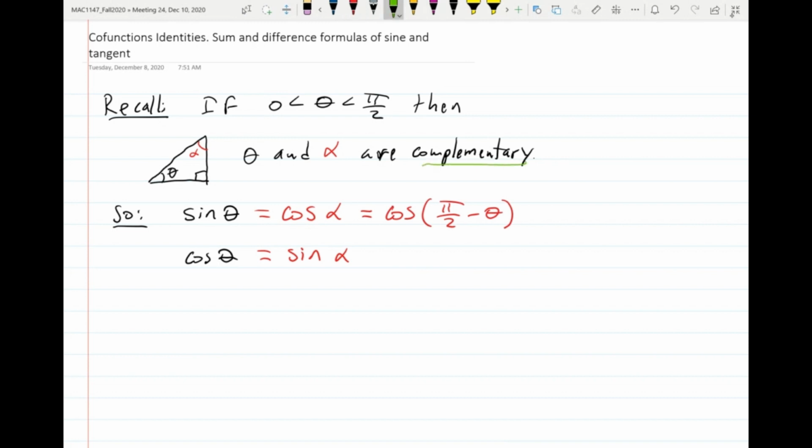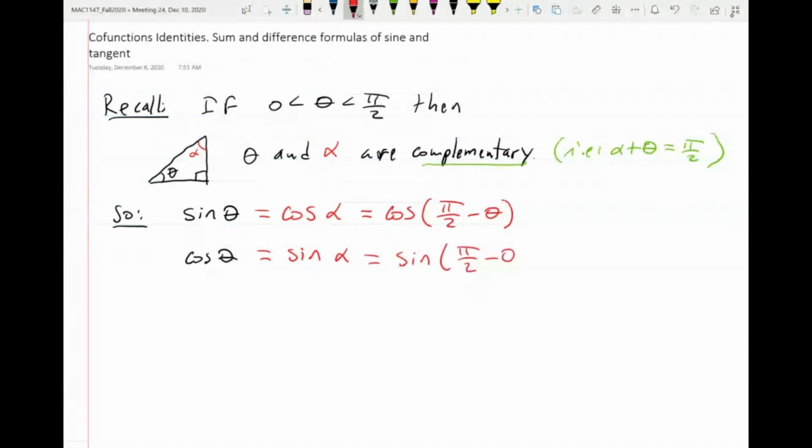So alpha plus theta is pi over 2. Okay, they fit inside a right triangle. And then similarly, we see that sine of alpha is the same thing as sine of pi over 2 minus theta.